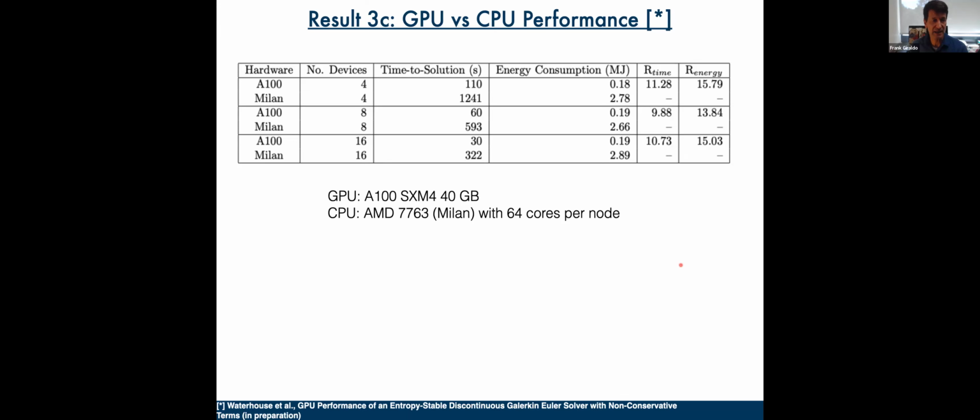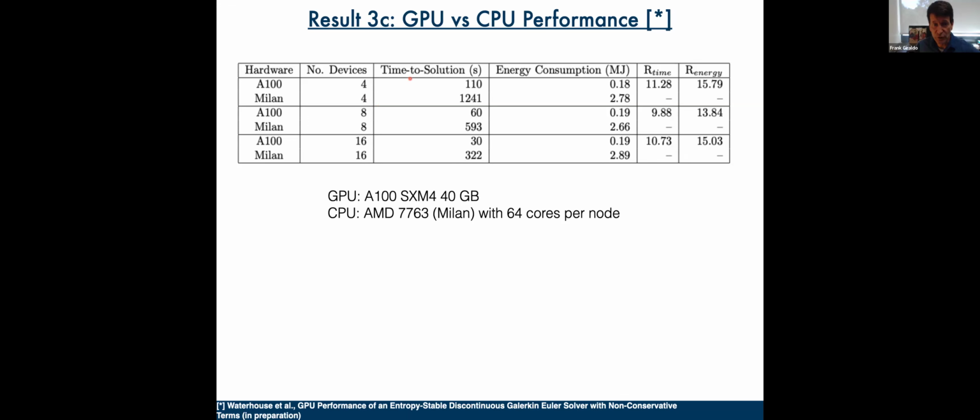We compare the GPU code on an A100, and this is the Milan, the CPU that's on the Delta machine. And we compare devices here. So device for the A100 means GPUs. Device for the Milan, AMD Milan, means nodes, right? And I show you here what a node looks like.